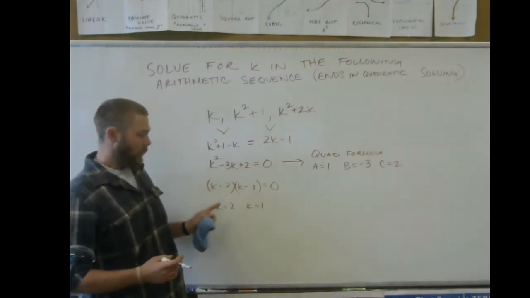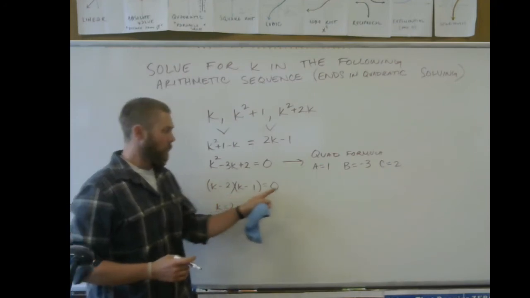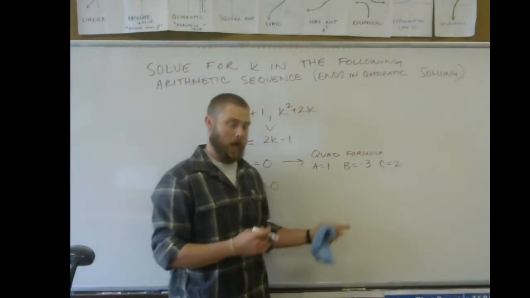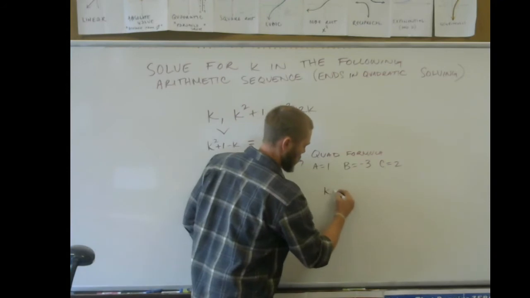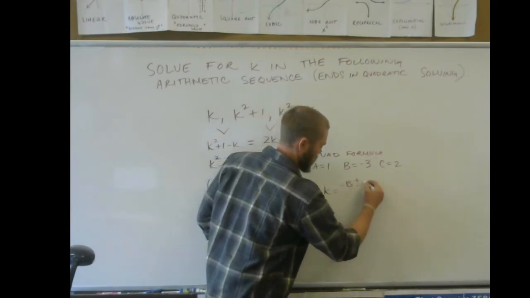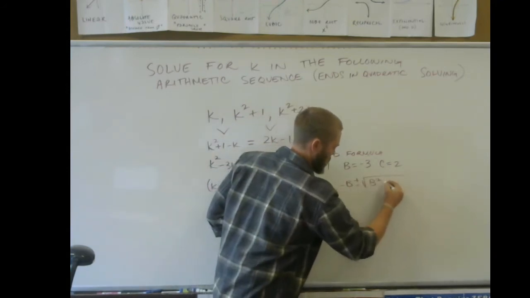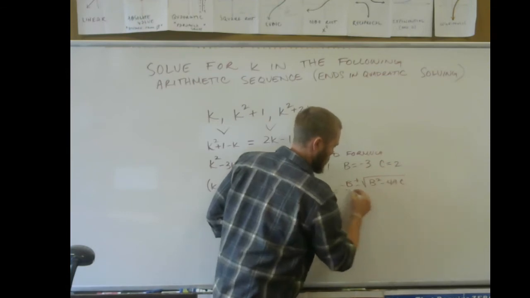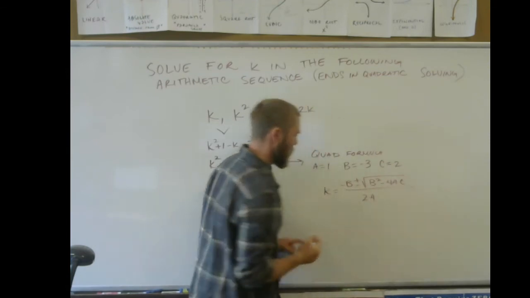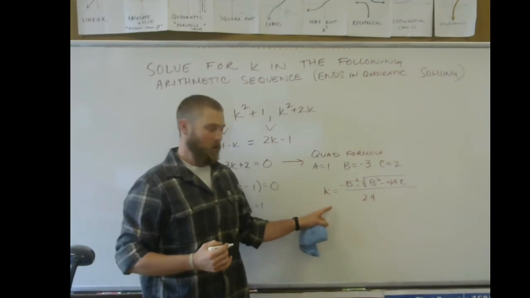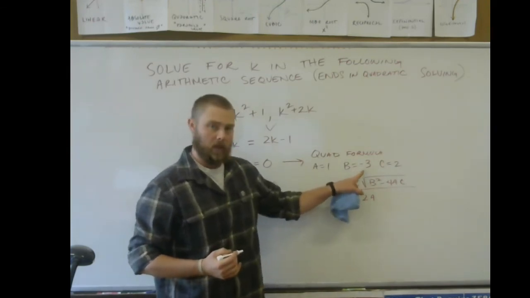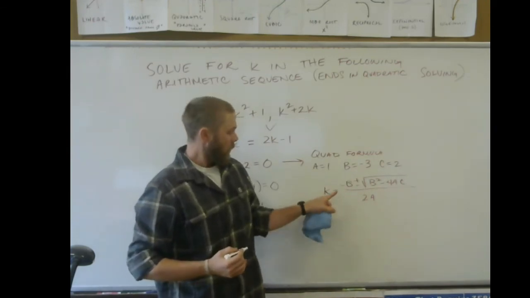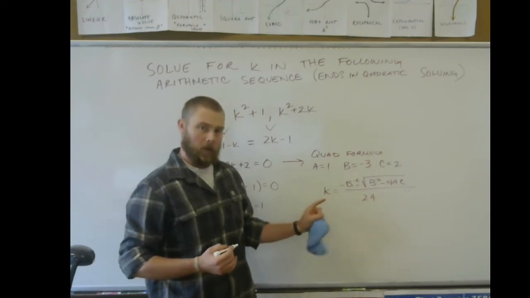If you instead don't remember how to do factoring and you prefer quadratic formula, we could do that too. And then we're going to very carefully put all these things in, keeping in mind that b is negative. So the negative in the formula is going to flip it to positive.